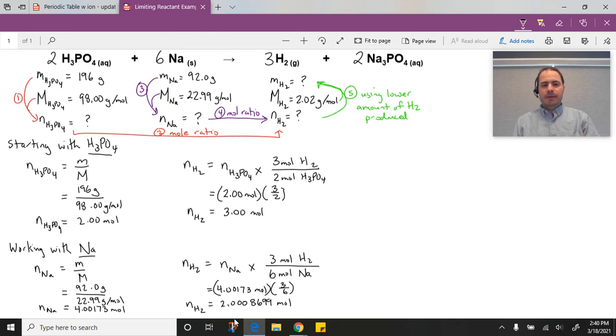We'll never be able to make 3 moles of hydrogen with what we put in the container. So we know from here that since sodium generates less moles of hydrogen, it is the limiting reactant.